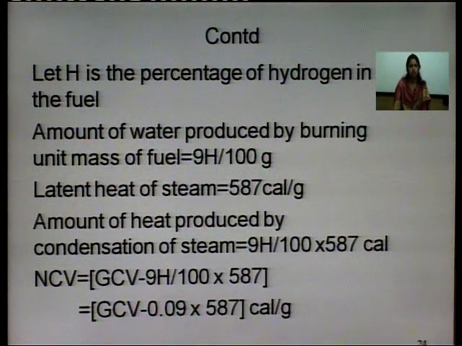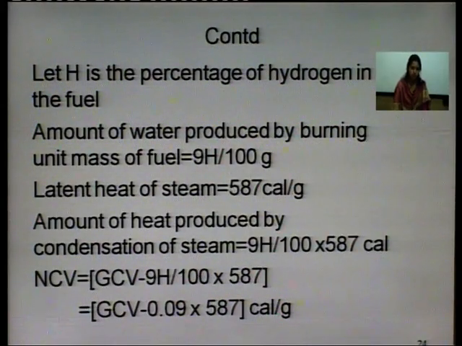So, net calorific value is equal to gross calorific value minus 9H over 100 into 587. I have already shown in the above calculation how this factor is coming, that is 9H over 100 into 587.